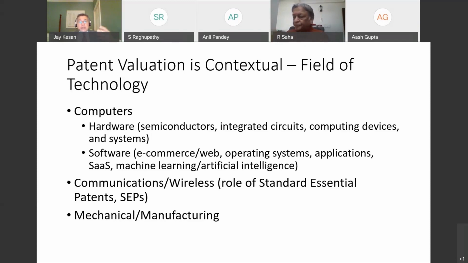Further, within this world of computers and communications, depending on what aspect of the technology your patents are directed to, you may have different valuations. For example, in the semiconductor industry, we go through the same sort of questions: how does it contribute to demand, how does it contribute to the market size, and how does it drive value, and so on.